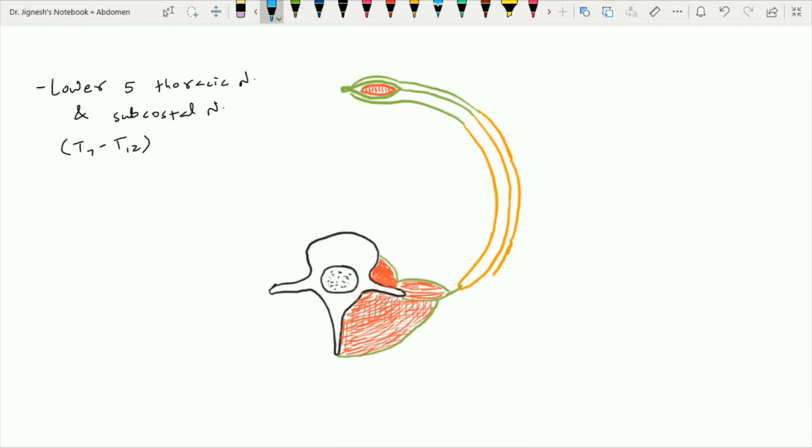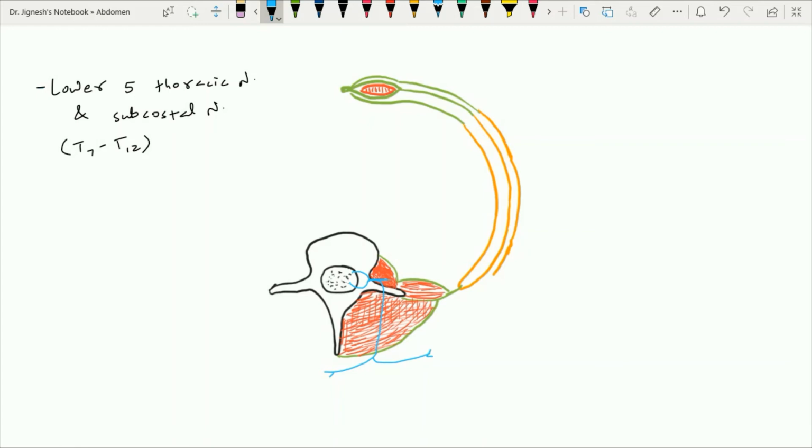Here, this is the transverse section of the abdomen, and for better understanding, we use blue color for the nerves. So here, this is the anterior root and the posterior root. They are going to fuse to form the spinal nerve, and this spinal nerve gives one dorsal ramus, which passes posteriorly and supplies the skin and the muscles of the back.